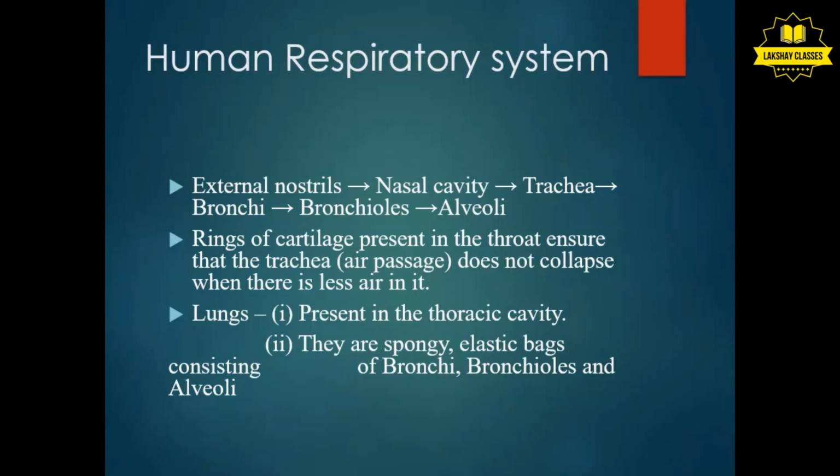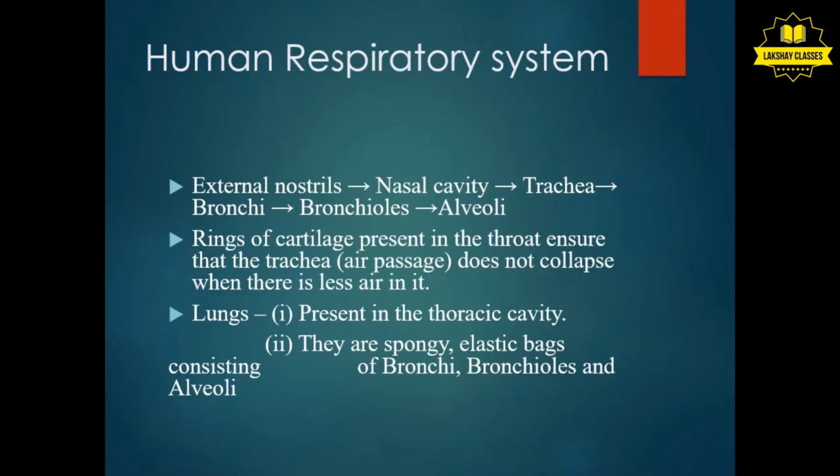We have already discussed that respiratory organs have very thin membranes, so that easy exchange of gases can take place. So the trachea is provided with cartilaginous rings so that it does not collapse.